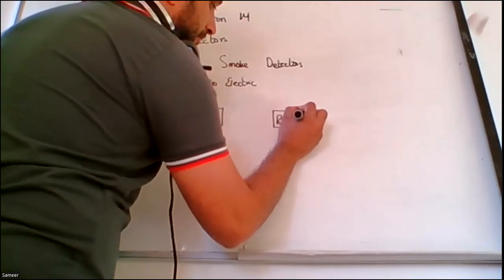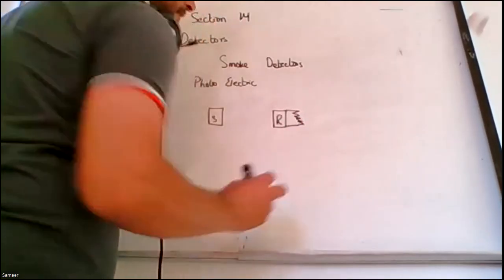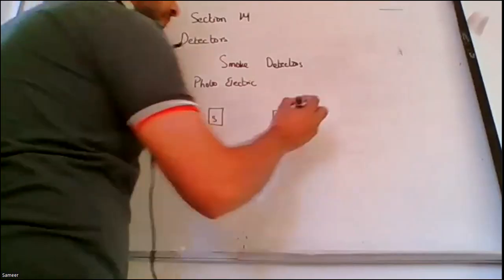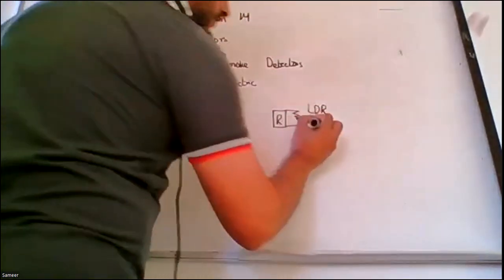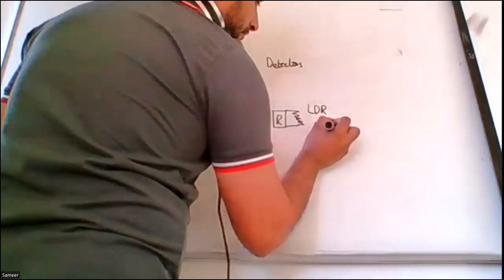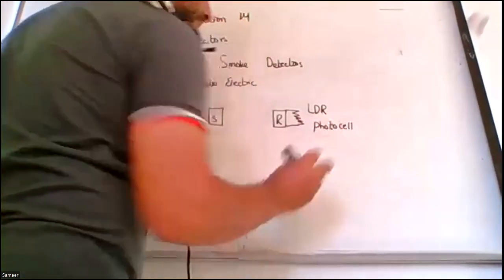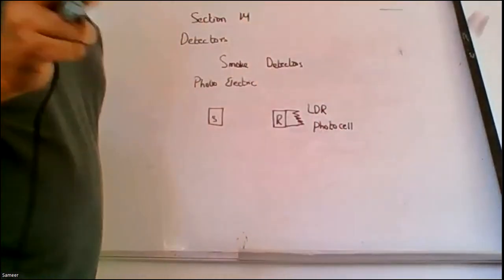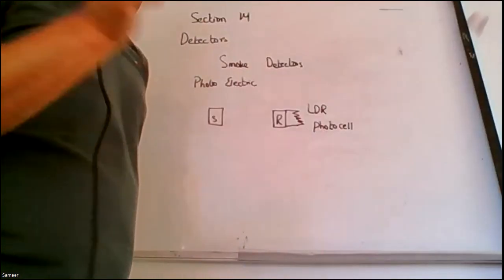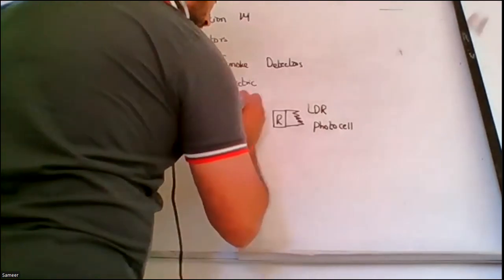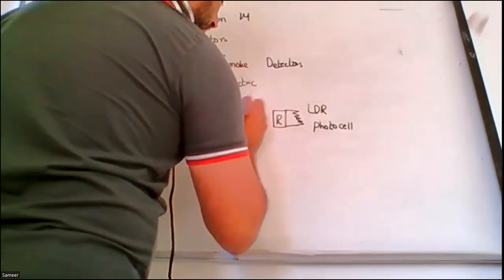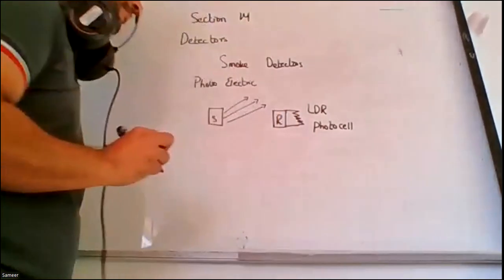This receiver has a resistance, a type of photocell or light dependent resistance, LDR. When light falls on it, resistance becomes lower, current flows, and the circuit closes. The source is actually throwing light away from the receiver.